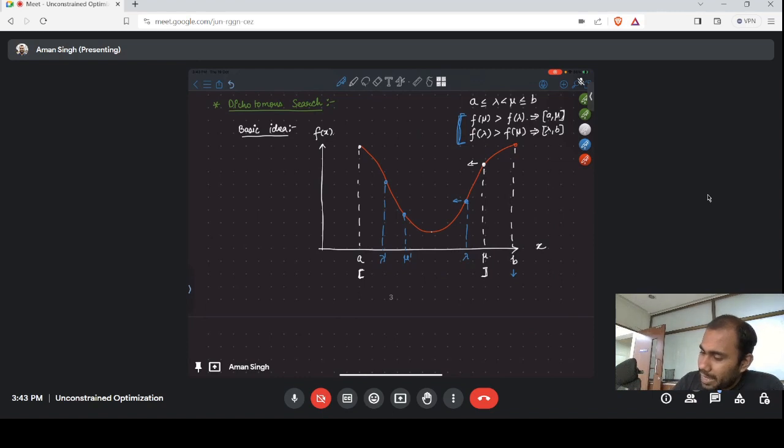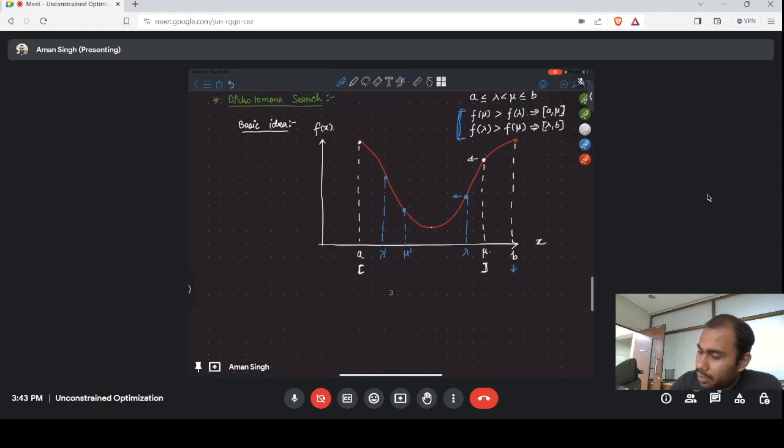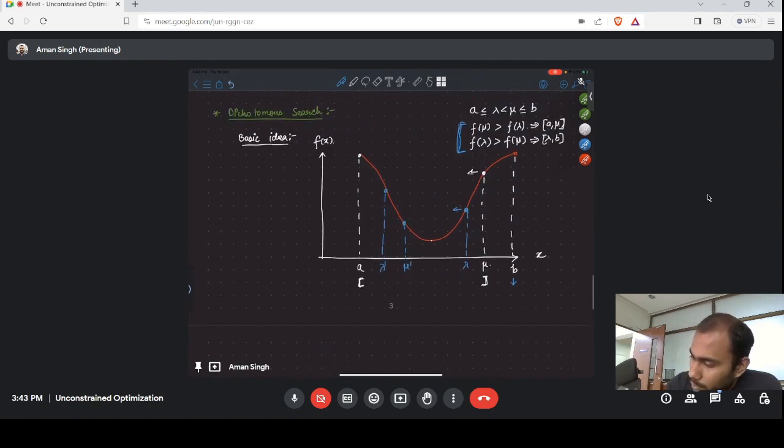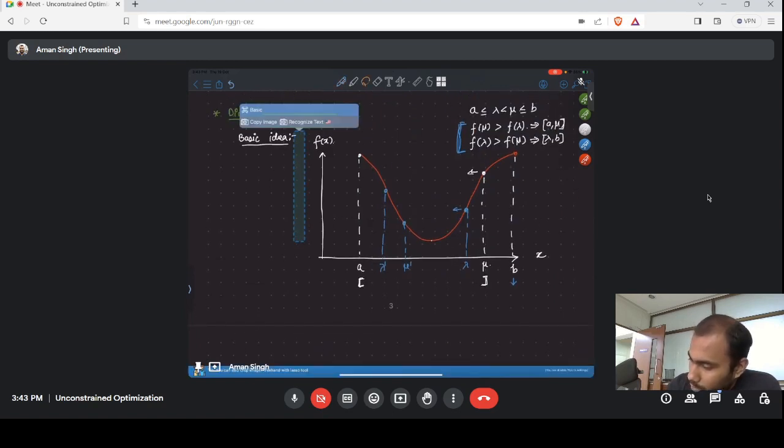With this basic idea, I'll explain what we do in dichotomous search.